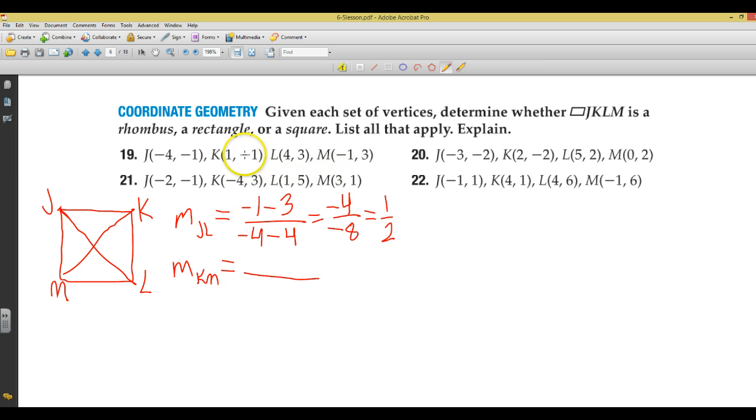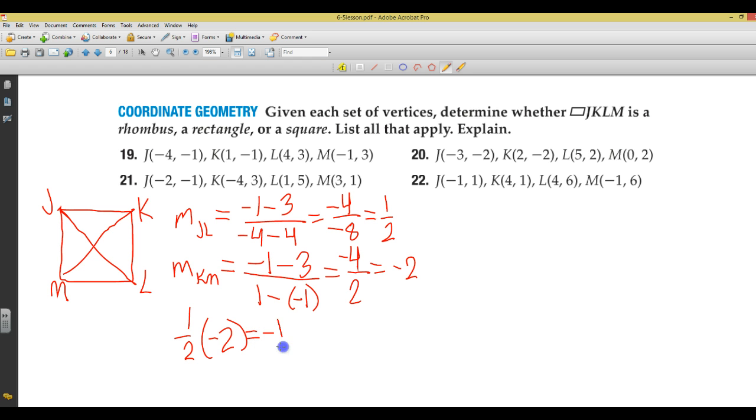So my change in y, -1 minus 3, and my change in x, 1 minus -1. And the product of the slopes is equal to -1, which means that my two lines are perpendicular. So we know that this is a rhombus since the diagonals are perpendicular.